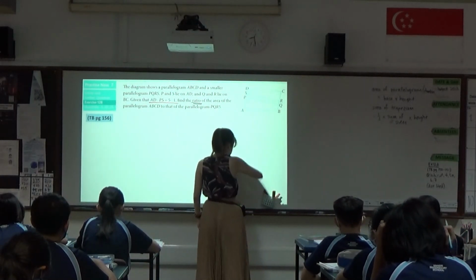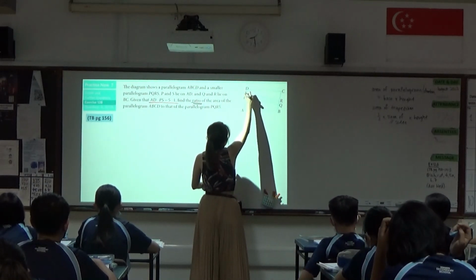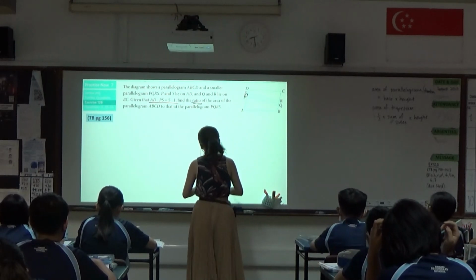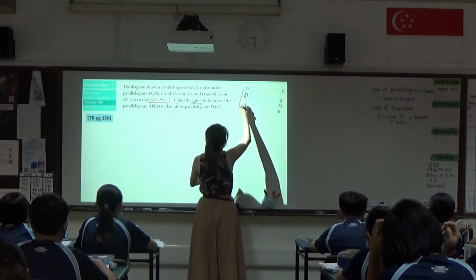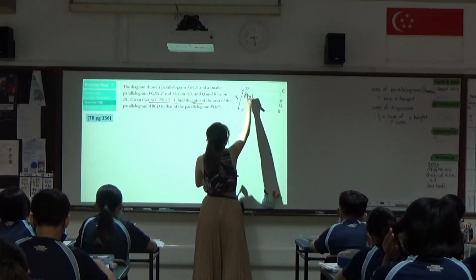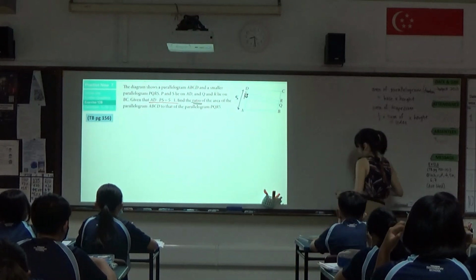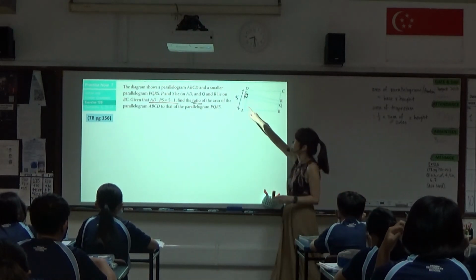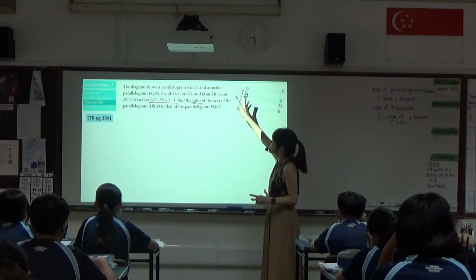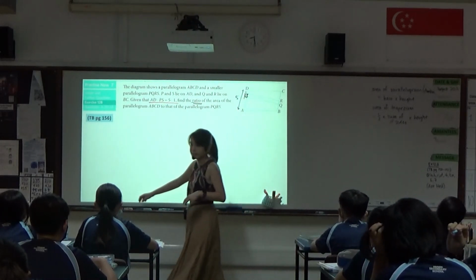Let me just adjust these labels over here. So we know this is 1 unit, and the entire length here is 5 units. Since we know that the base and height must be perpendicular to each other, and because I only have such information, I will use these sides over here as my bases.